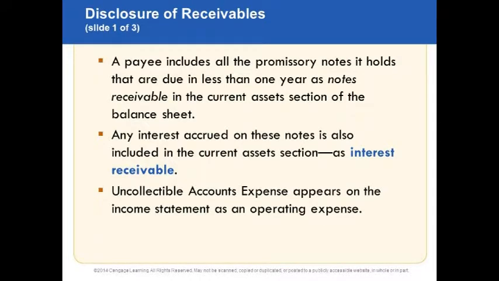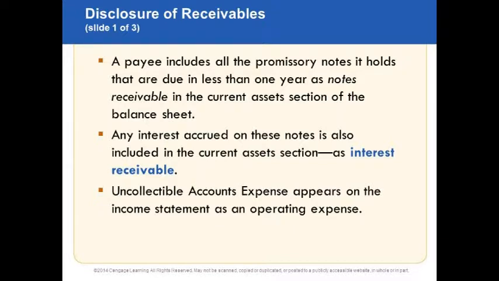Now, when we talk about disclosures of receivables, like how you recognize it, how you collect it, and how you keep records of it, the payee, that's us, the company that the money's owed to, includes all the promissory notes it holds that are due inside of a year.